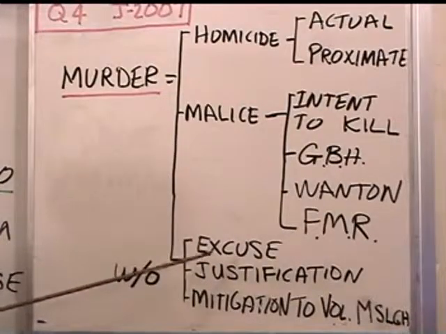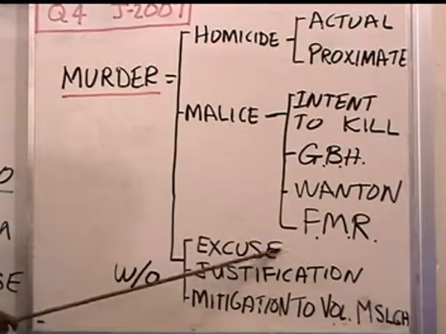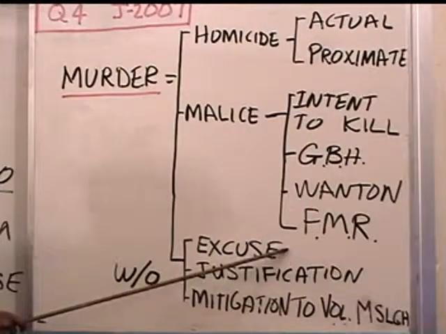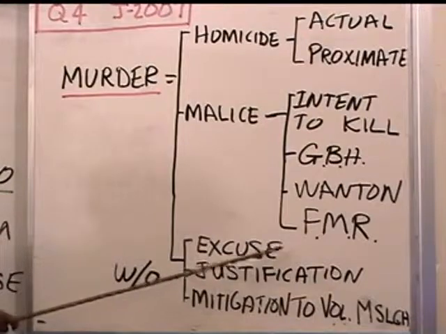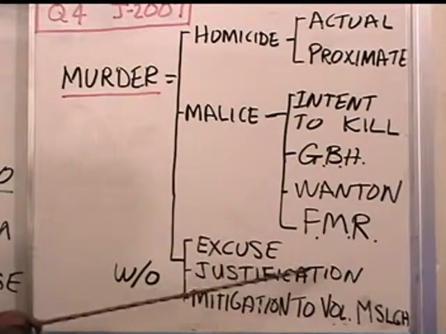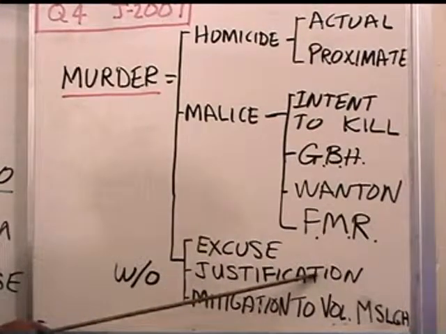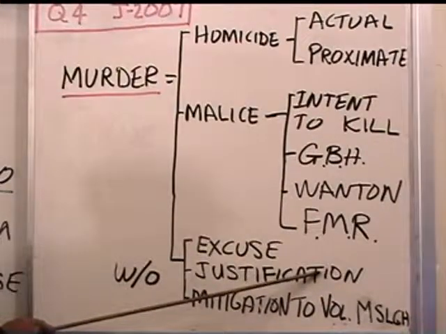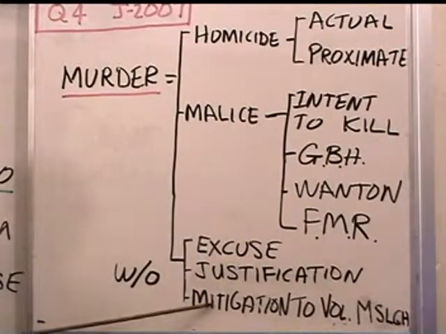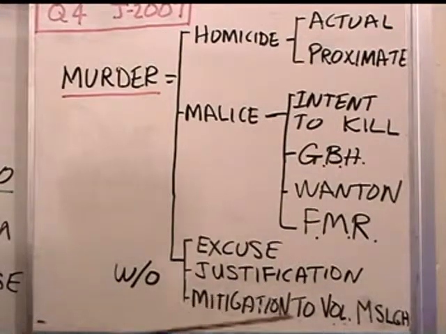And here, defenses, excuse, well, we don't have that problem. Excuses, the only two excuses, insanity and infancy, we don't even have that. Justification, two justifications, the privileges and public authority, and mitigation, the partial defense of mitigation, if, like heat of passion, will get you down there.